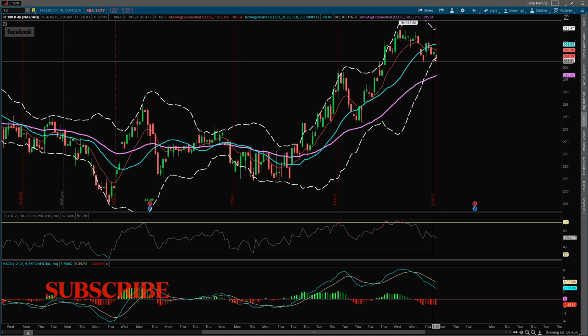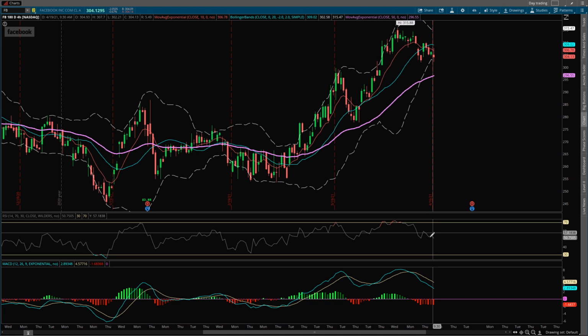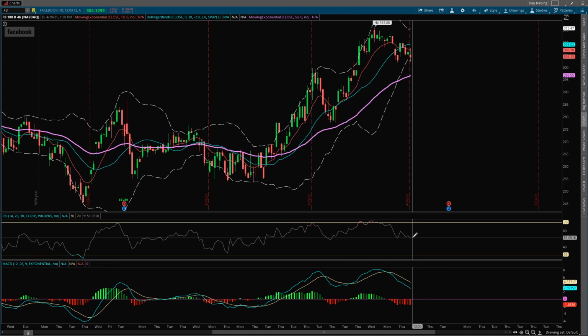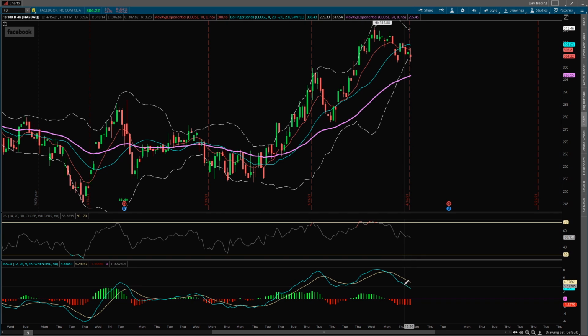So now this is a bearish signal. Also, you have your RSI that is right about your 50, and then you have your MACD that is telling you that you have a negative and down trend.